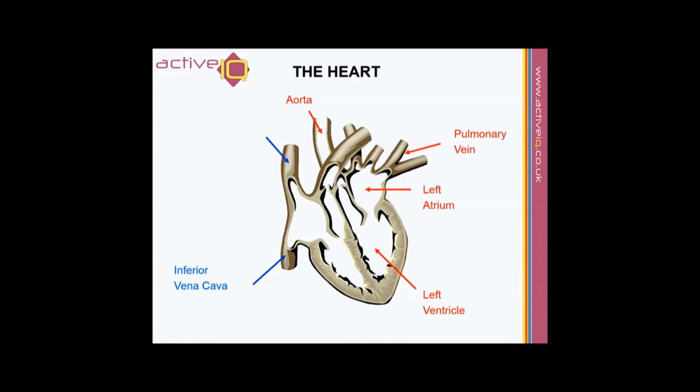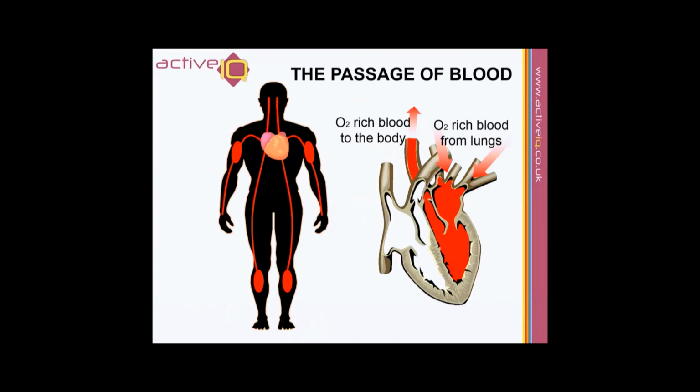We then see deoxygenated blood returning via the inferior vena cava and the superior vena cava into the right atrium, and then flowing into the right ventricle, only to be pumped out through the pulmonary artery to return to the lungs and to get oxygenated again and return via the pulmonary vein.